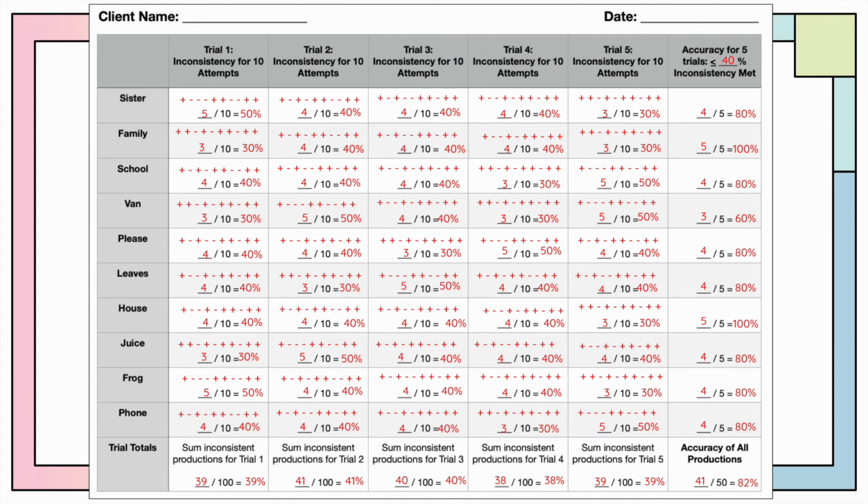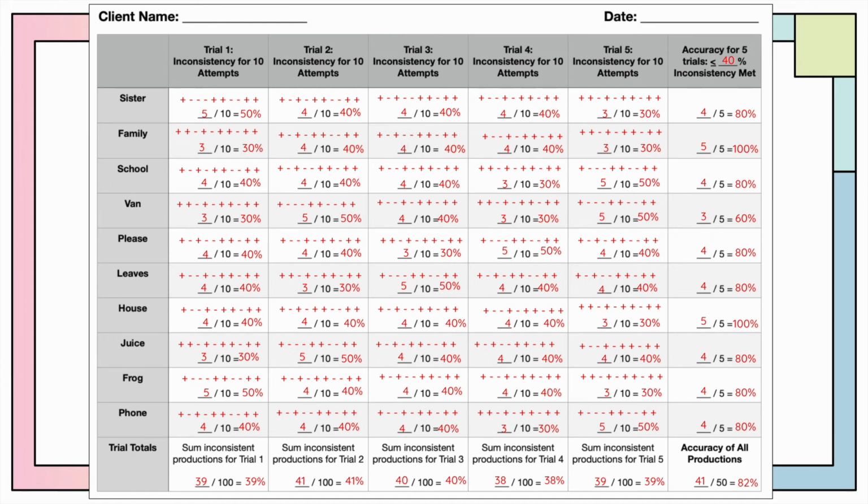Then in the very bottom right corner, there's an overall accuracy for the session that was calculated. And this was calculated by the number of word production attempts for which the client was successful, or successfully had 40% or less inconsistent productions. Those were the ones that were counted.